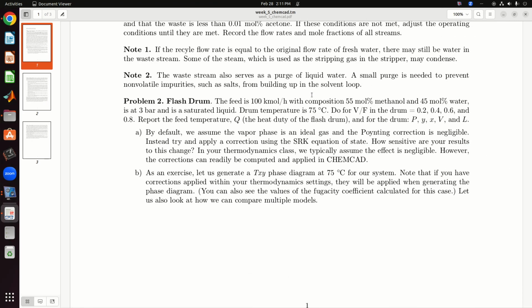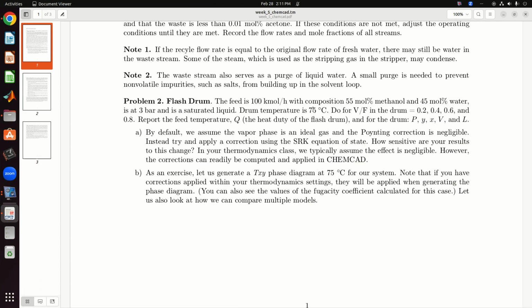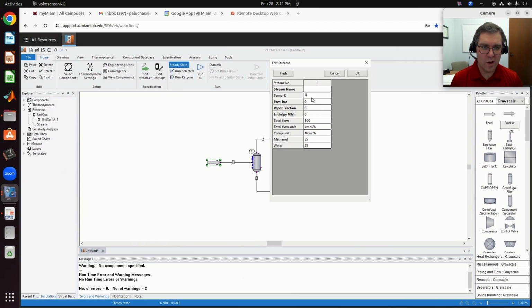Temperature is 75 degrees C. Wait, no, the drum temperature is 75 degrees C. The feed is at 3 bars and a saturated liquid. So how I do that is I don't specify anything up here for temperature, but my pressure, I specify it's at 3 bars. Vapor fraction, I specify a value of 0, so it shows I've specified pressure and vapor fraction, so those both are green.